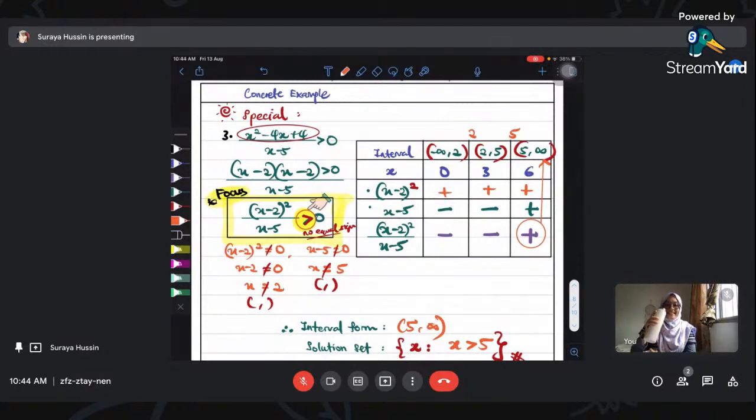Sangat happy, Miss. Wow, bayangkan dalam 1 jam 45 minit, kamu dah faham satu subtopik. This is so interesting, guys. This is so interesting because you understand 2.2.